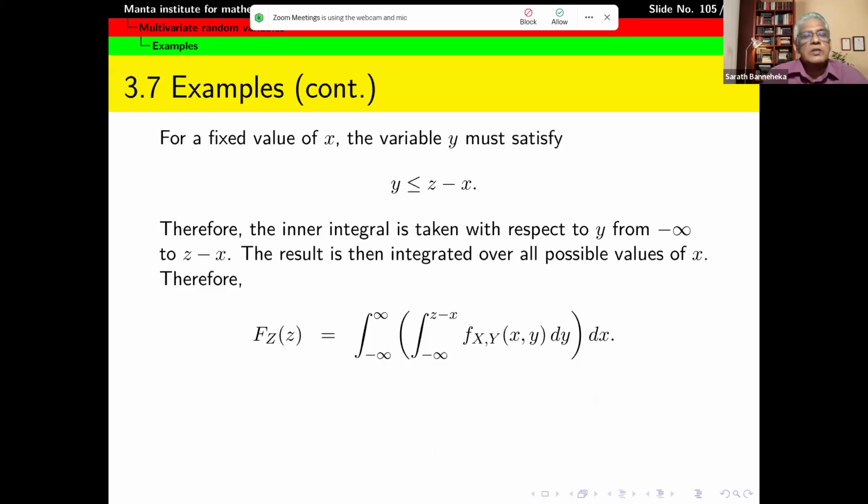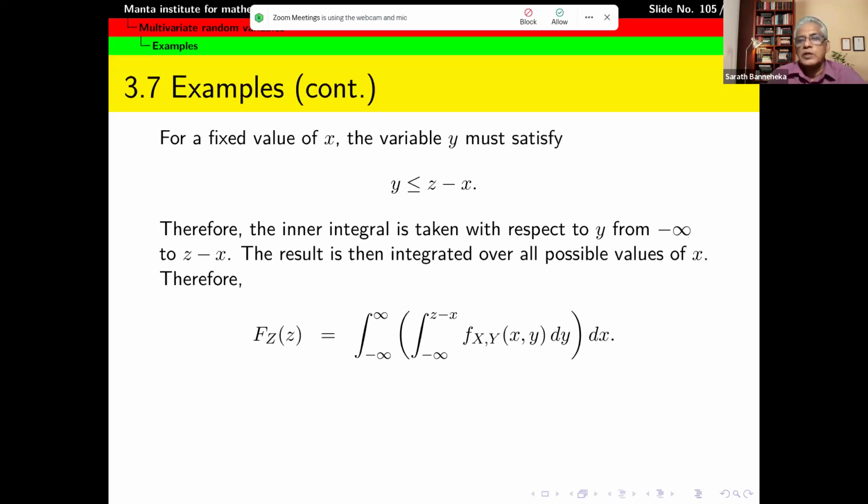Okay, so now let us consider a fixed value of x. In that case, the variable y must satisfy y less than or equal to z minus x, because x plus y is equal to z.